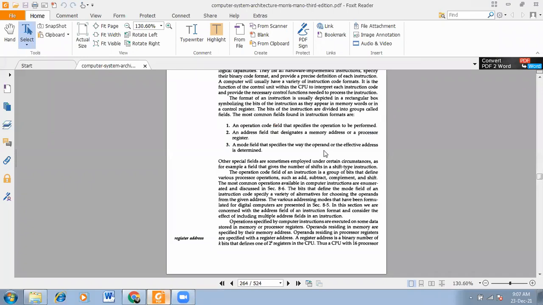Opcode means, as you know, whether we go for add, subtract, complement, or shift operation. That is basically your operation code, that is, what type of operation you are going for.